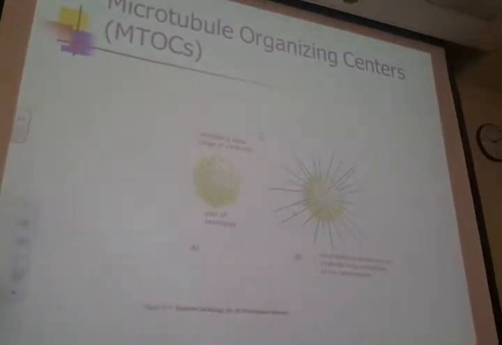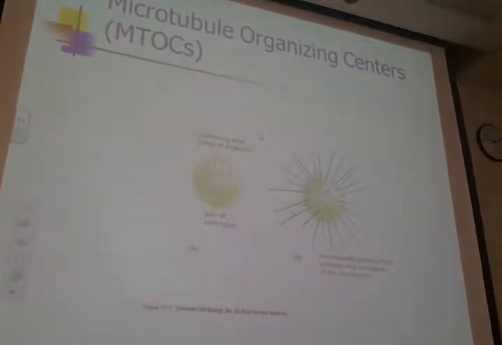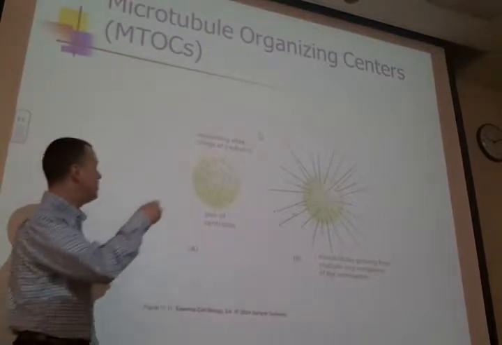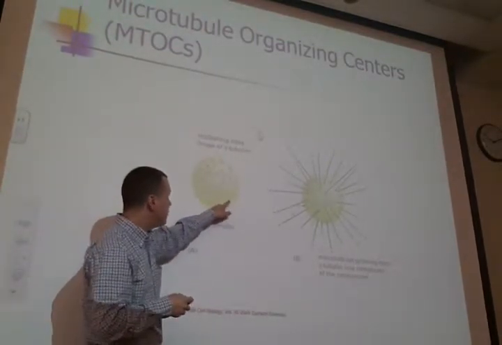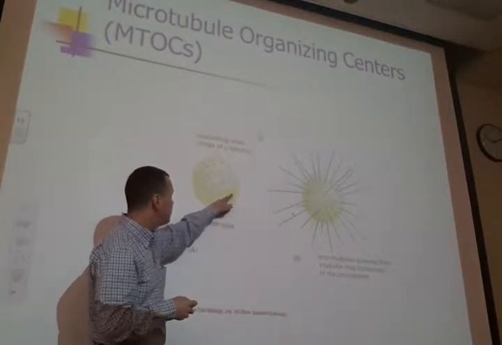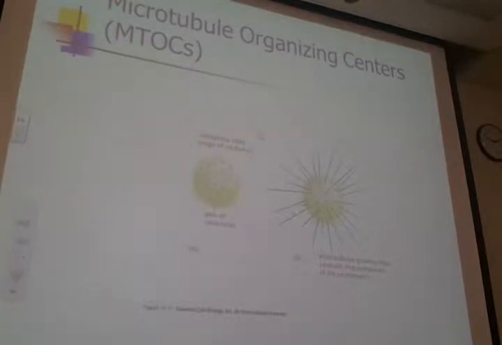So the centrosome, in animal cells at least, is sort of this kind of gelatinous stuff, this sort of green goop here. And if you look closely, you have these little orange rings, and the orange rings are the third type of tubulin.